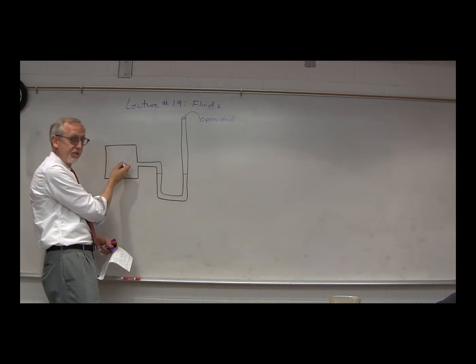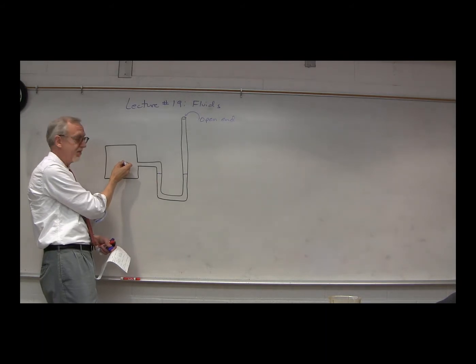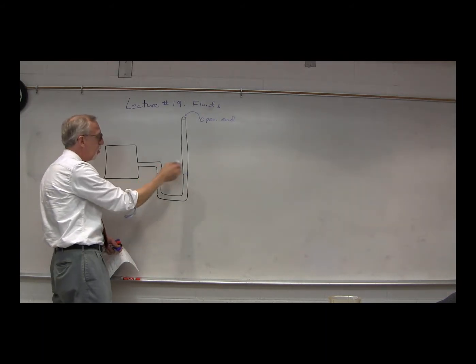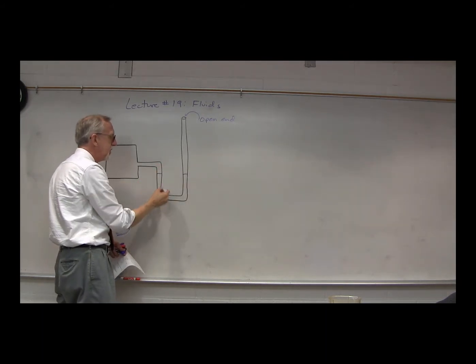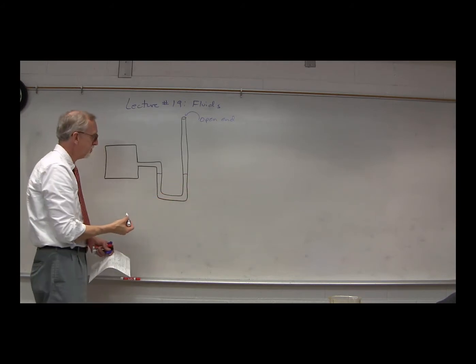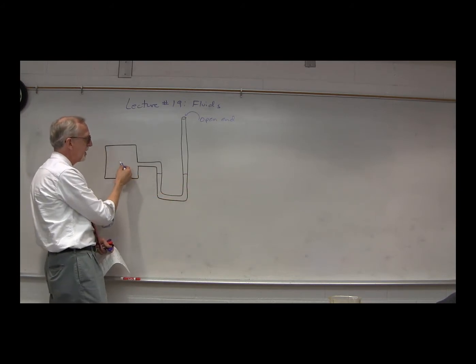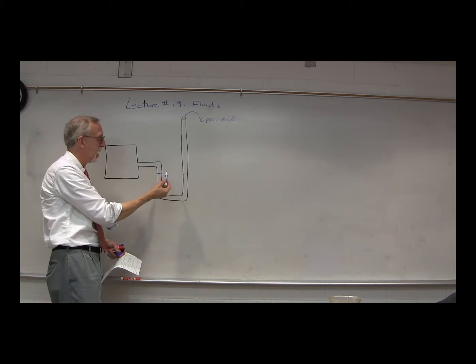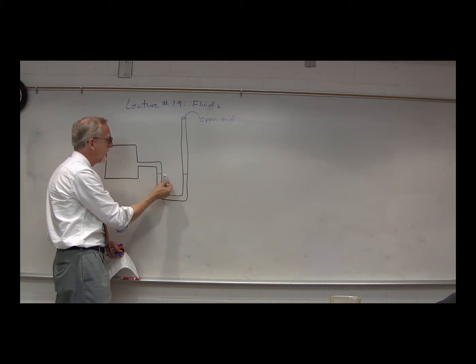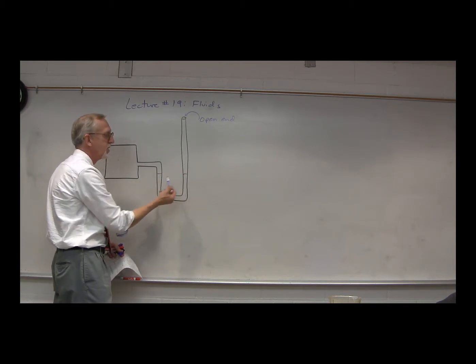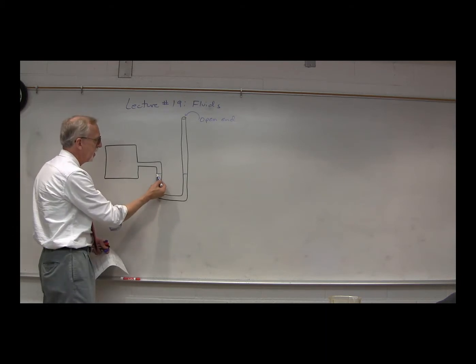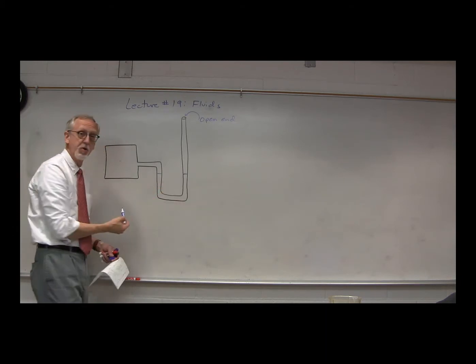They're both pushing on some fluid that's in this U-shaped tube. Now, if the same pressure inside is the pressure outside, then the level of the fluid here will be the same as the level of the fluid over here.